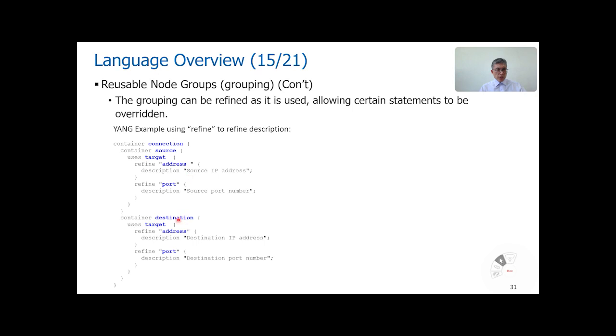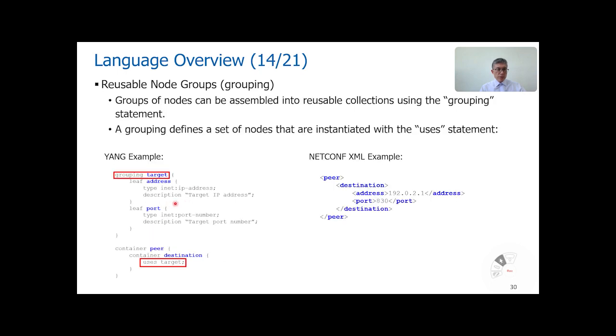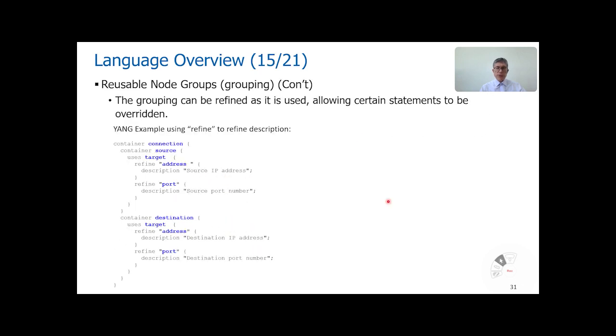Also, for the destination target case, using refine address port, the description can be updated like this. Previously it was just the target IP address and the target port number, so we can update it like this.